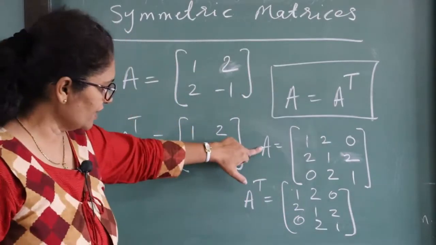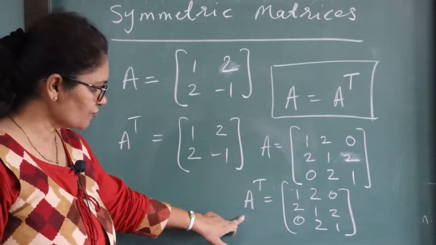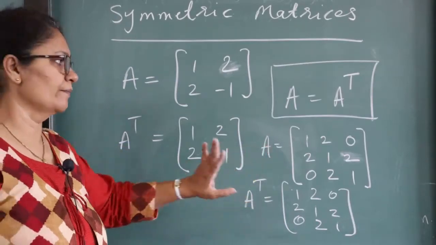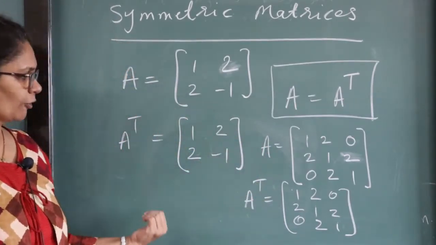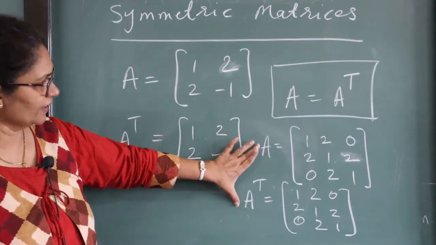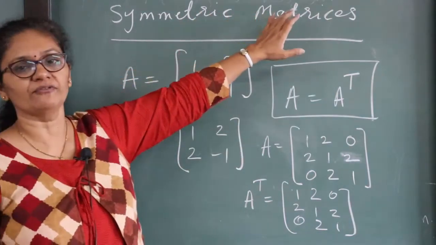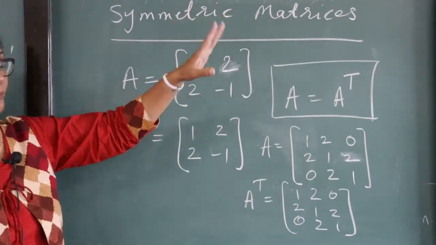Check it. Matrix A and its transpose are both the same. What is the meaning of it? If we write all the rows as columns and get the same answer, this type of matrix is called a symmetric matrix.